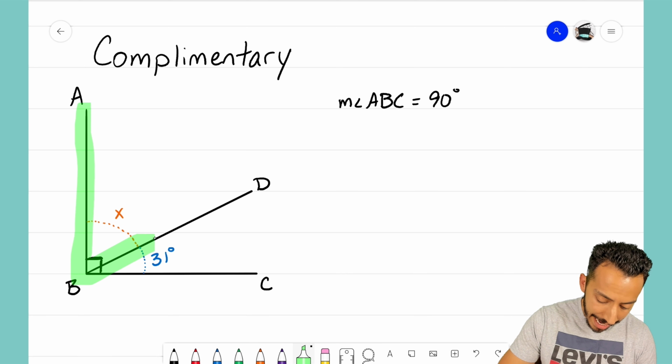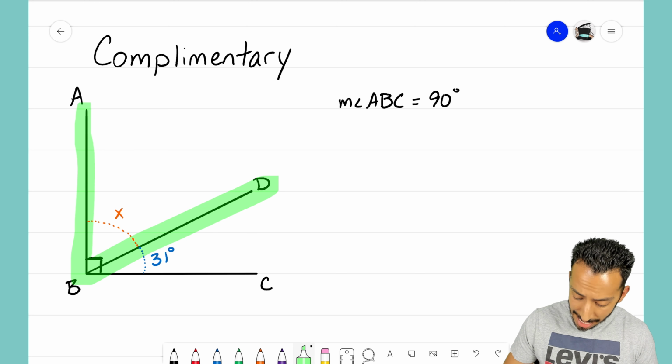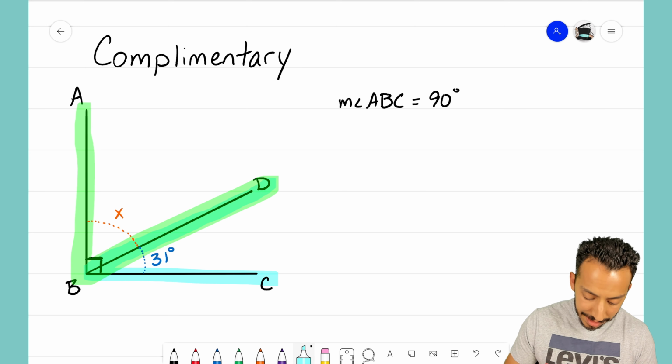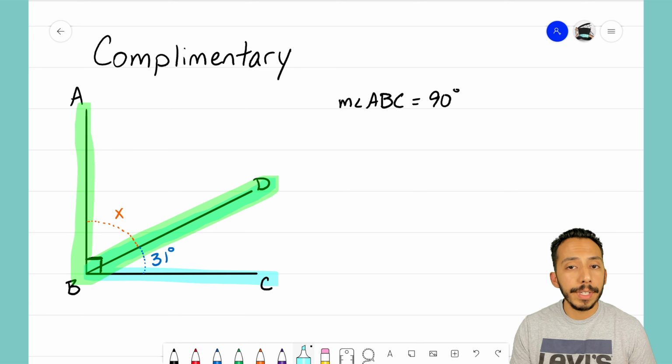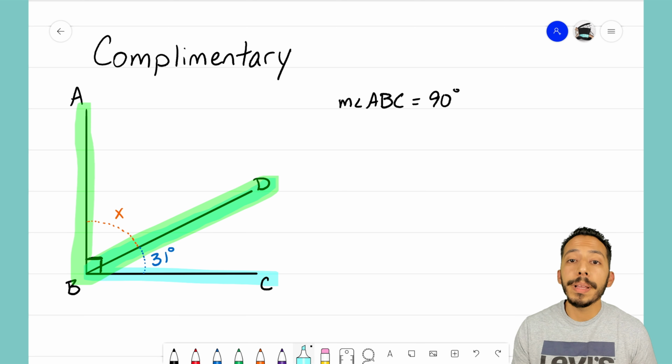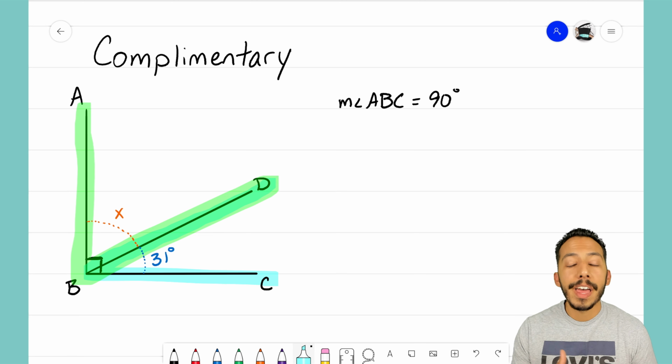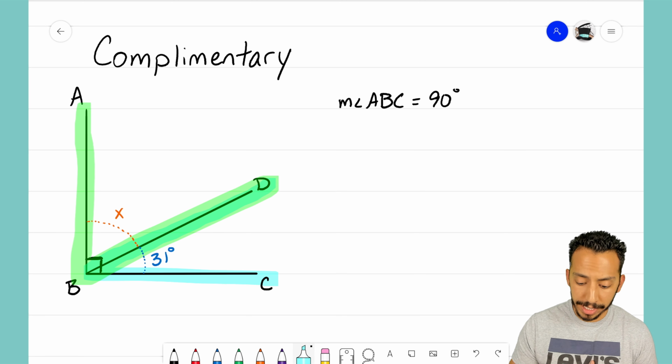ABC is cut into ABD, and also into DBC. Those two angles are forming that 90-degree right angle that we're calling ABC.